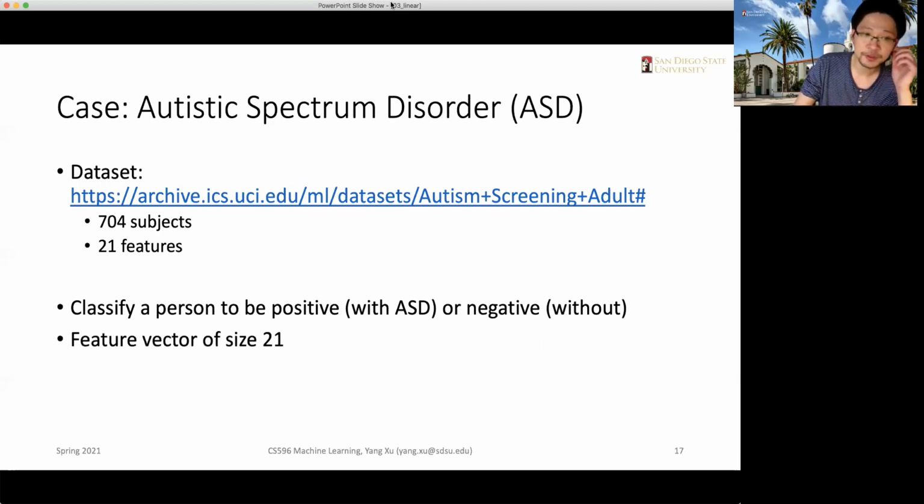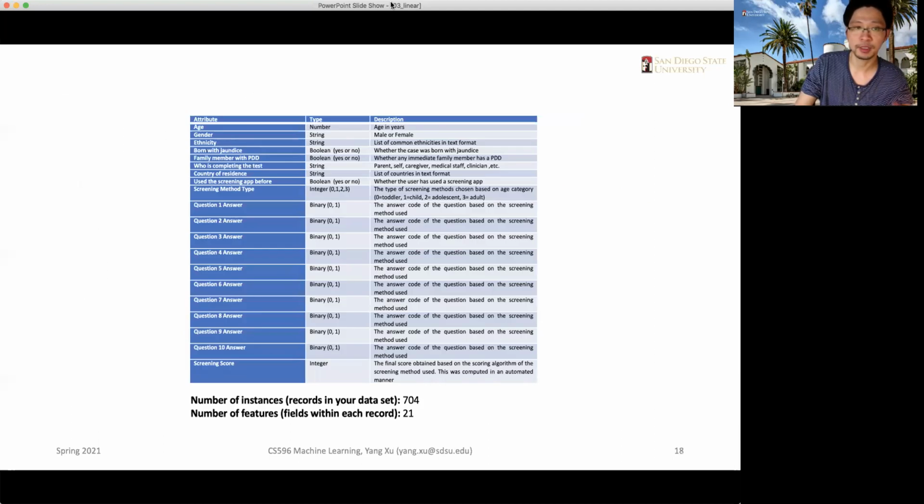The feature vector has 21 entries. If you look at the features, those are very heterogeneous features. We may have binary features, integers, strings, booleans.